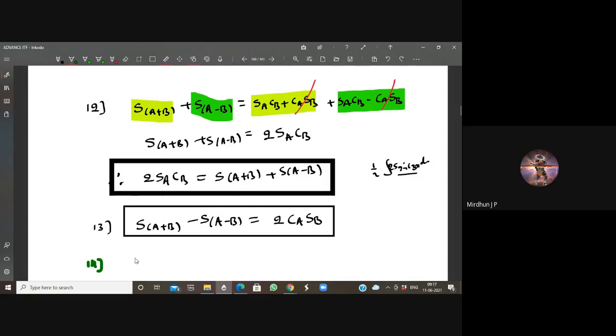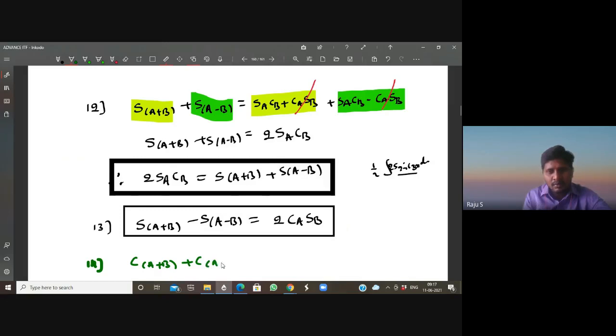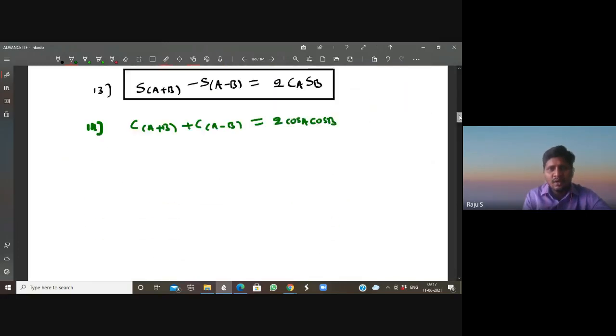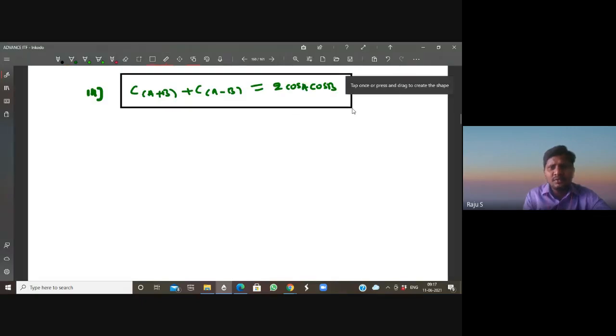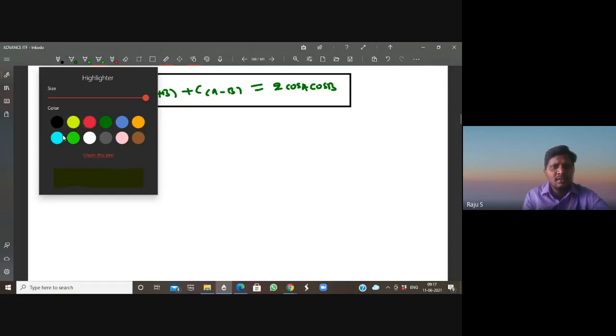It is 2 cos A cos B. Is it right, student? We know the cos(A plus B) formula, we know the cos(A minus B) formula. Substitute and simplify that, we'll get the answer.